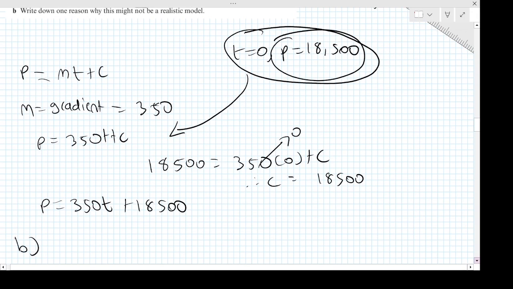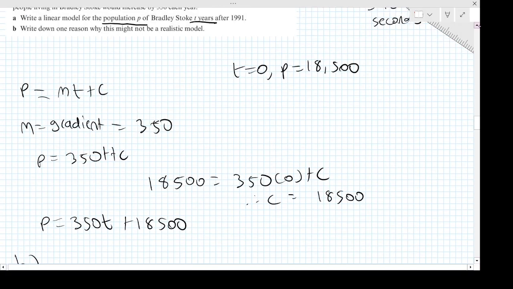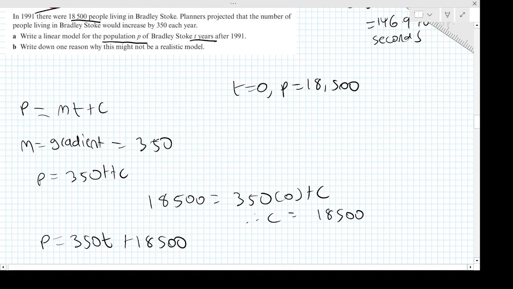Part B then. Write down one reason why this might not be a realistic model. So that's basically asking us to be critical, right? Well, think about what this model's saying. It's a linear model, it's a line, so that's telling you the population goes up by the same amount every year. Is it realistic for a population to go up the same amount every year?